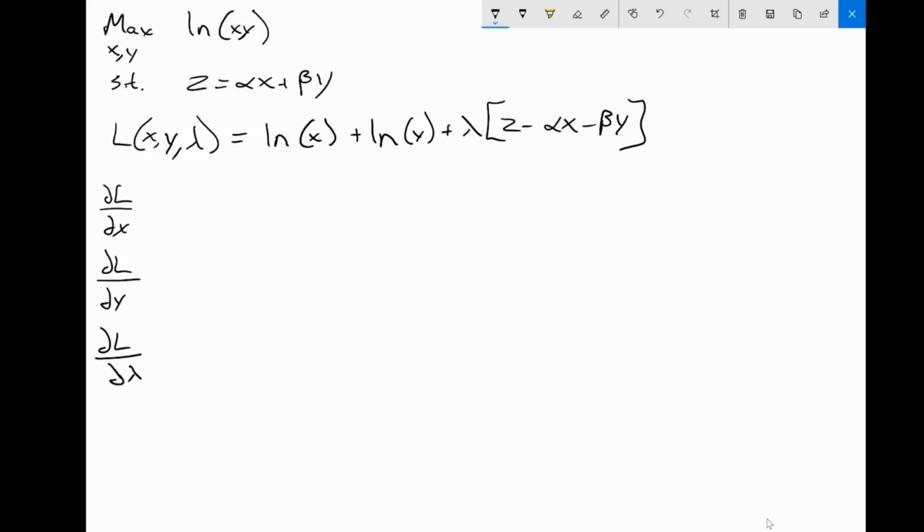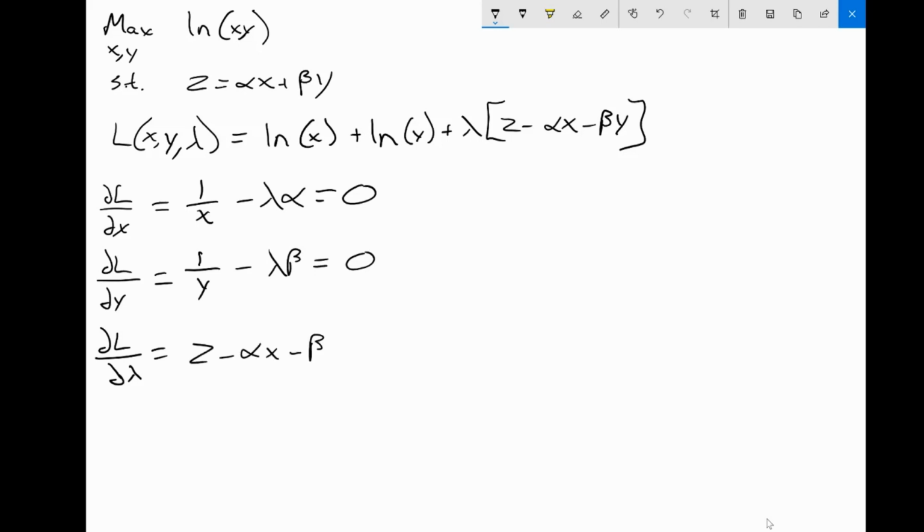I've already done this exact same thing. This is review, so I'm just going to go through it quite quickly here. Set it equal to 0, first order condition. Set it equal to 0. z minus alpha x minus beta y.